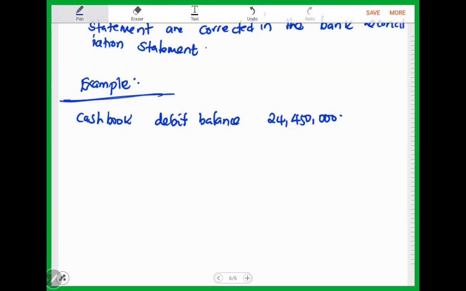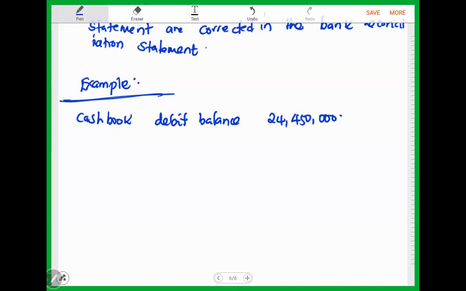Note number three, the bank had charged ledger fees amounting to 1.6, which amount appeared in the bank statement obtained from the bank on 31st December 2012. However, this amount had not yet been credited in our cash book. What kind of a transaction is that?